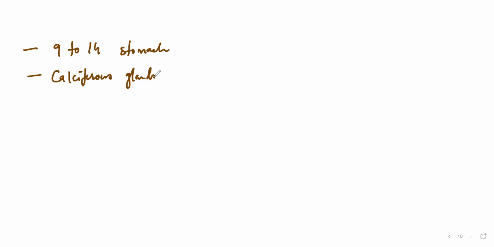So it will neutralize humic acid. Now what is humic acid? Whenever decayed matter forms humus, the acid present in that humus is called humic acid. So this calciferous gland neutralizes the humic acid present in the humus. Humus is nothing but the manure which has been formed.